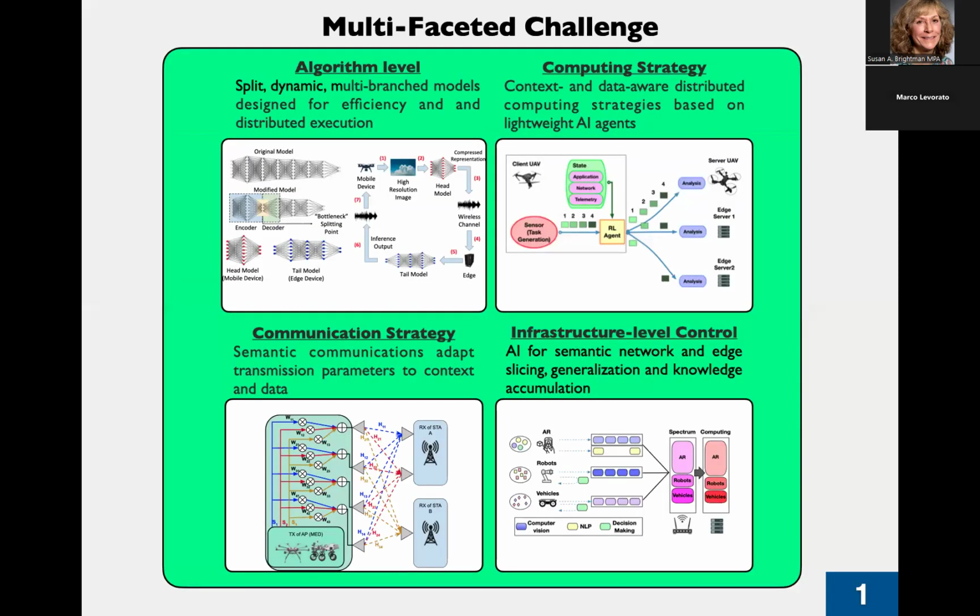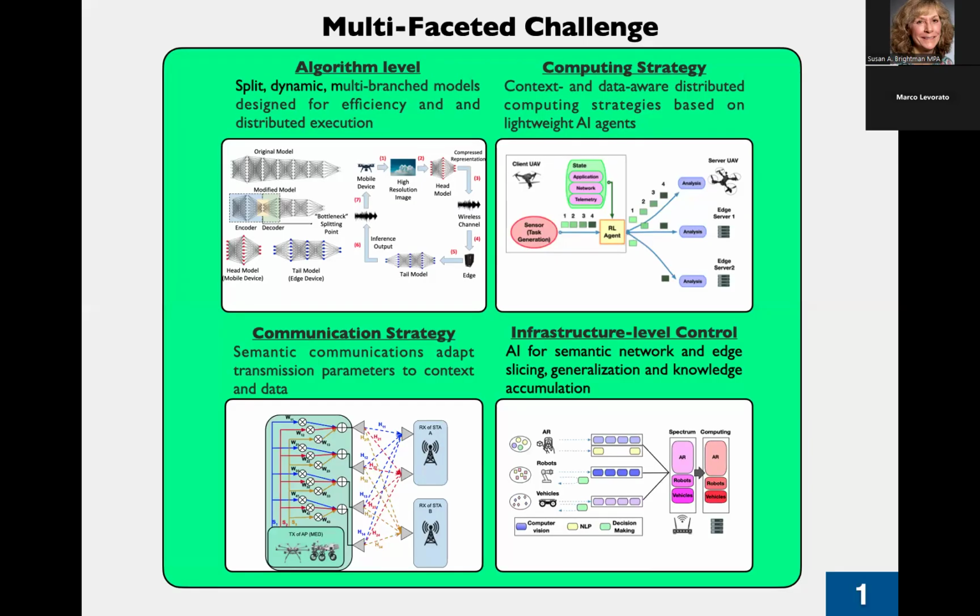So to build this kind of system, a system that can process data in real time in resource scarce and challenging environments, you need to face many different challenges. In my group, we try to have a very broad perspective on what the solution entails, which is the algorithm, the computing strategy, the communication strategy, and the infrastructure level as well.